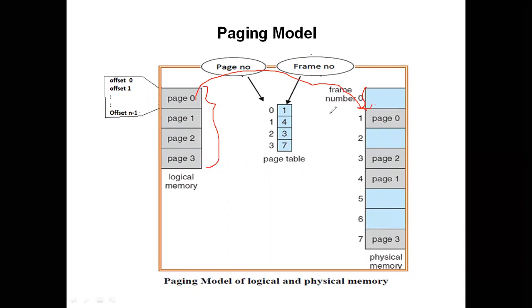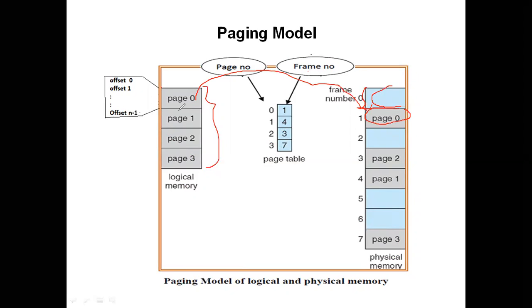Suppose the operating system decides that page 0 will be loaded at frame number 1. In the page table we have the index, that is page number 0, 1, 2, and 3, and against each page number we enter the frame number to which that page has been allocated.